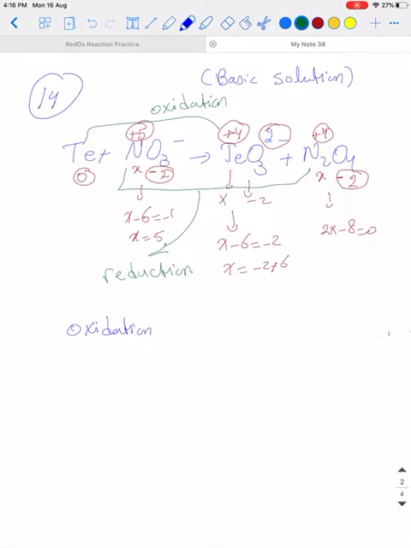So we will start with the oxidation half reaction. The substances involved, as you can see, are Te and TeO3 2 minus. One Te, one Te, 3 O. I will add oxygen in the OH minus form because I am balancing in basic medium.